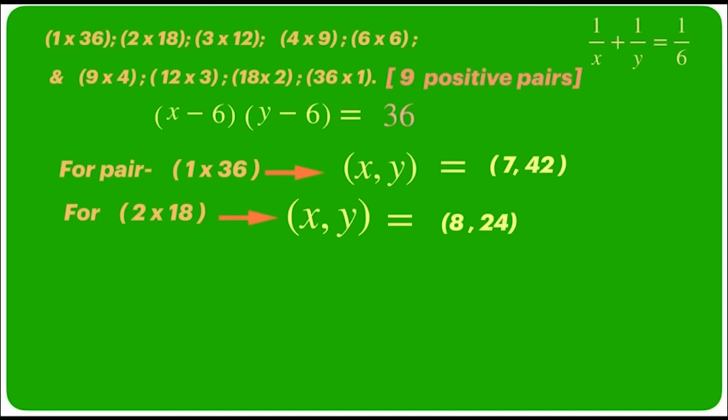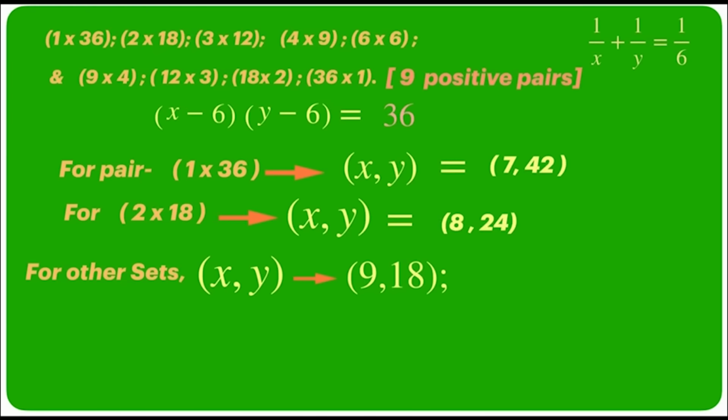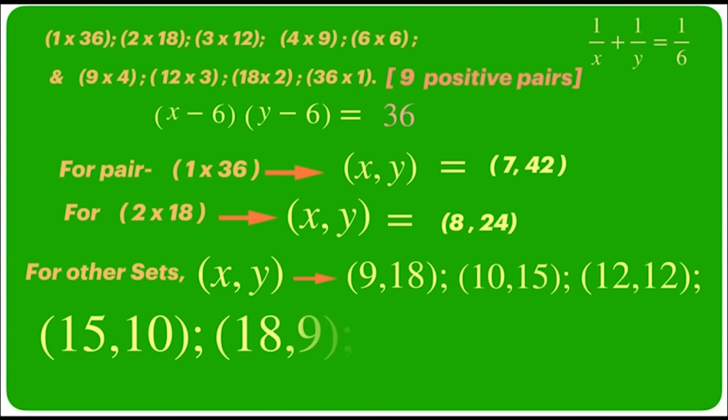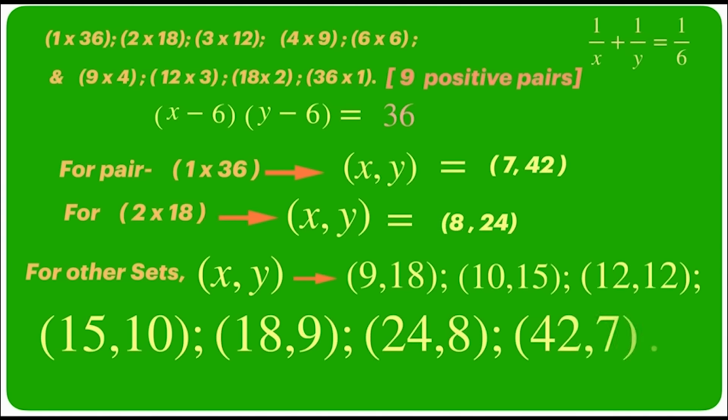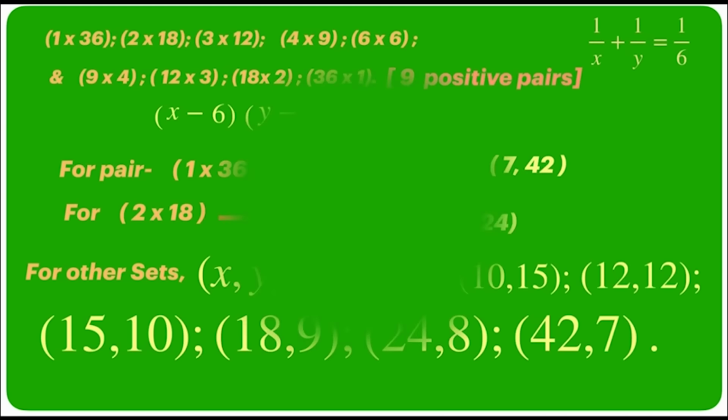For the other pairs of factors, the values of x and y will be respectively 9 and 18, then 10 and 15, then 12 and 12, then 15 and 10, and then 18 and 9.